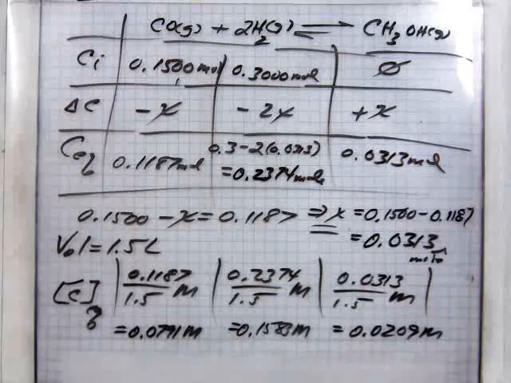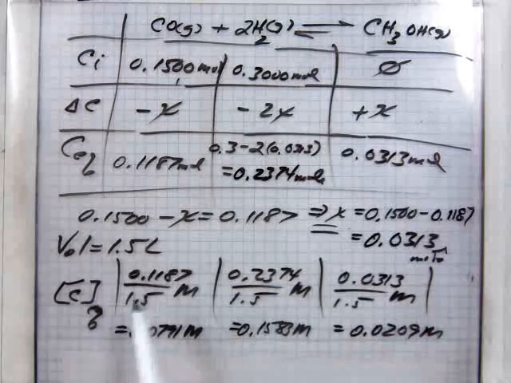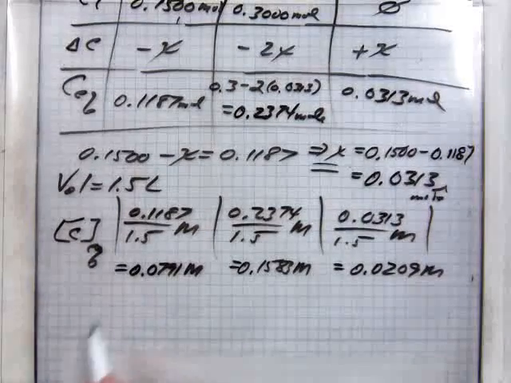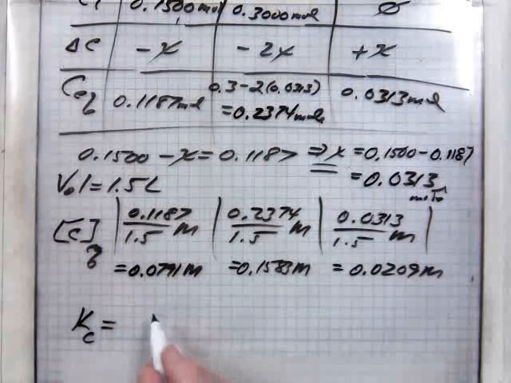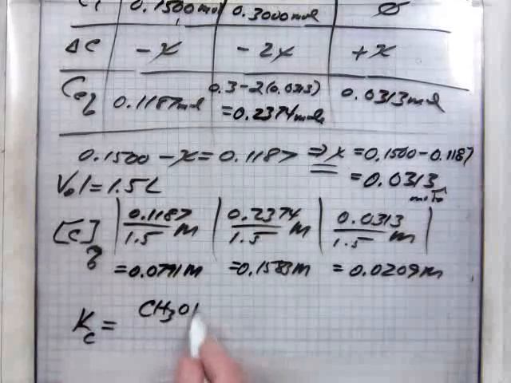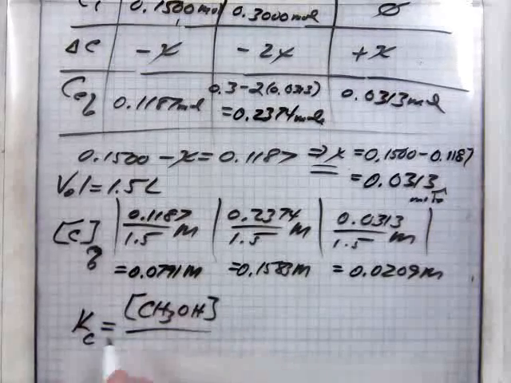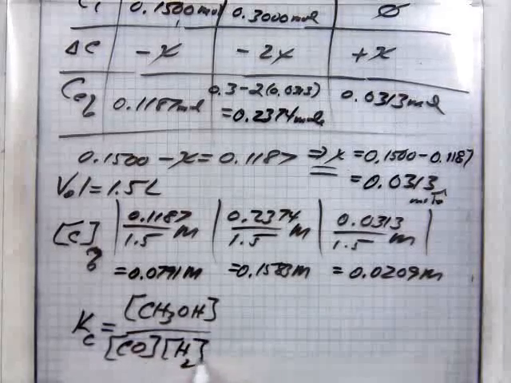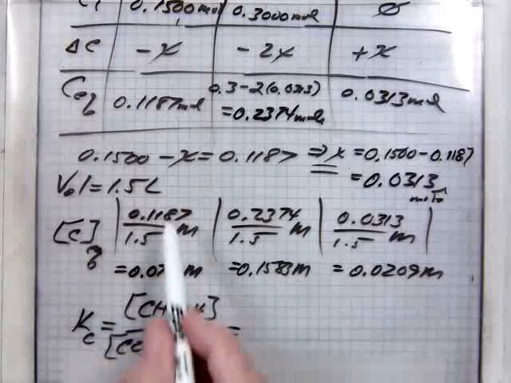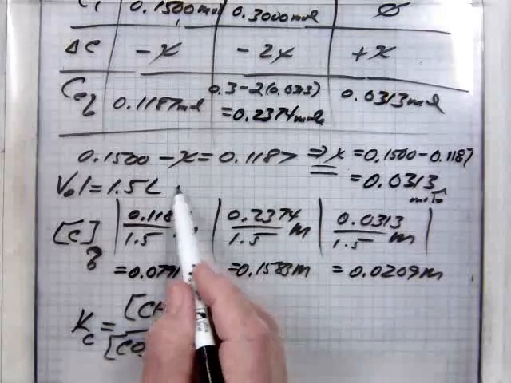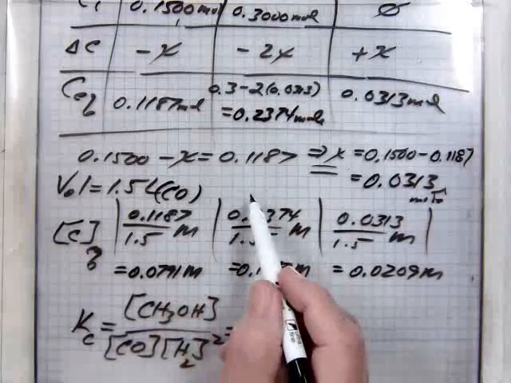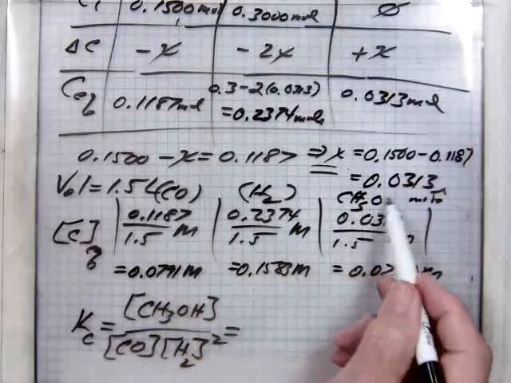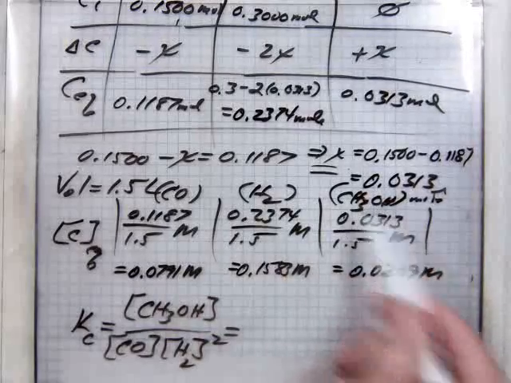Now those are the values you put into your equilibrium expression for the reaction. So our Kc expression is methanol divided by carbon monoxide gas and H2 squared. So this is, of course, the CO. This is H2, and this one is CH3OH, methanol, right here.